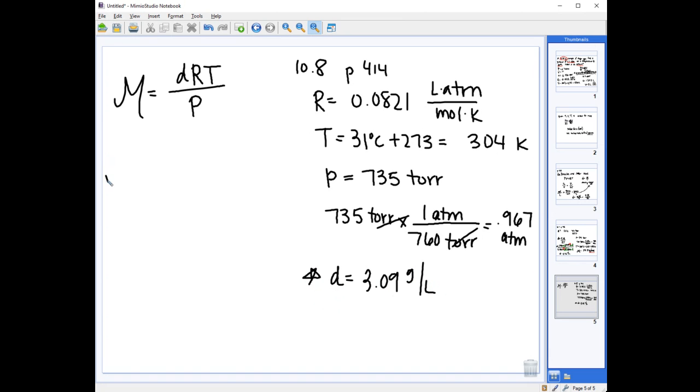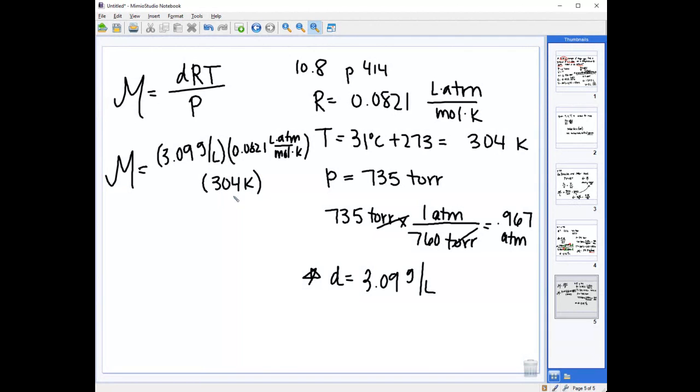And then we're going to plug this all in. And I'll run out of room again, of course. R times, I'm just going to put it here, times temperature, and then divide that all by my pressure, 0.967 atmosphere.